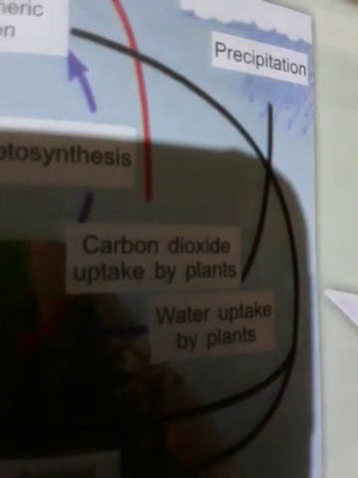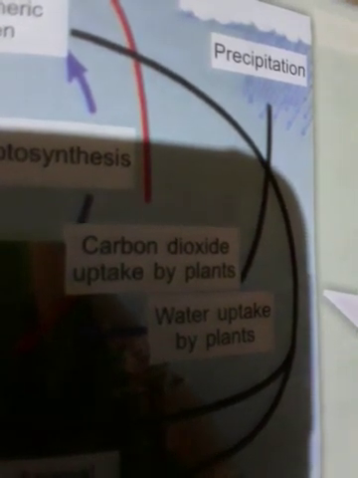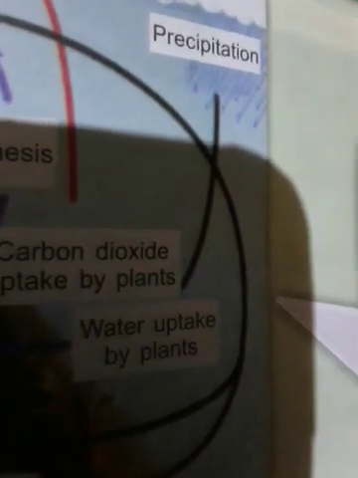Carbon and oxygen support the plants and animals on the earth. But when these cycles are disturbed by burning fossil fuels such as oil and coal, carbon dioxide is released into the air.